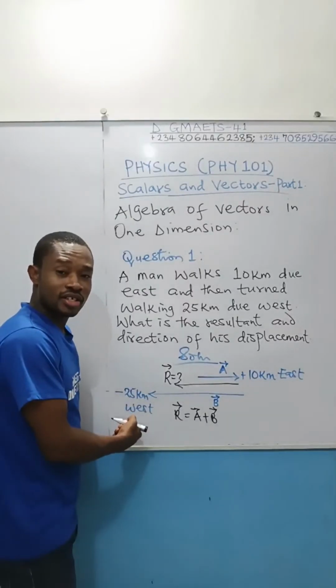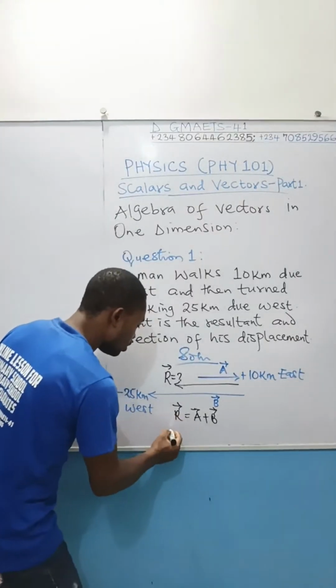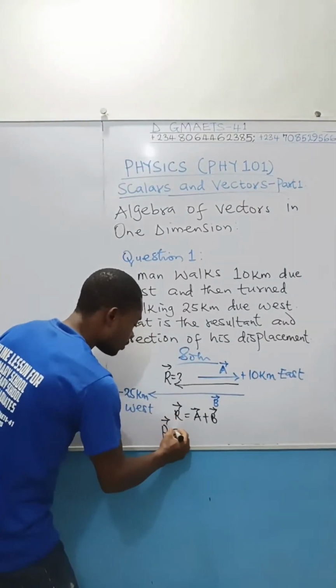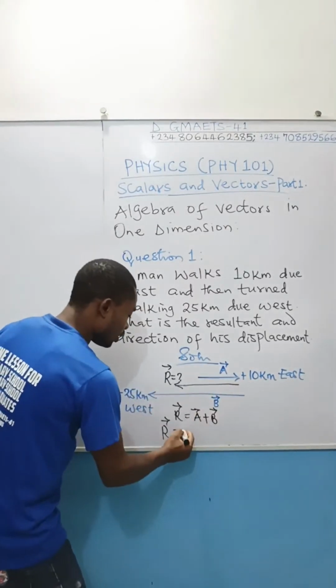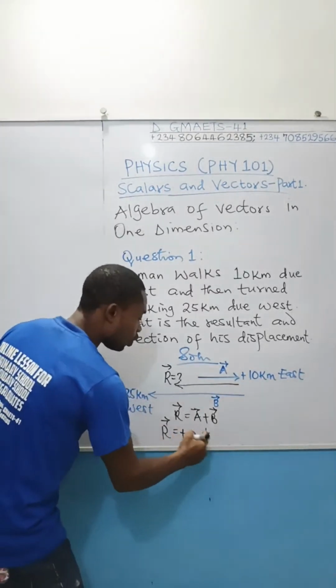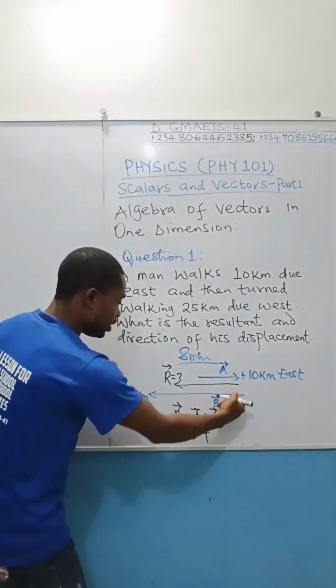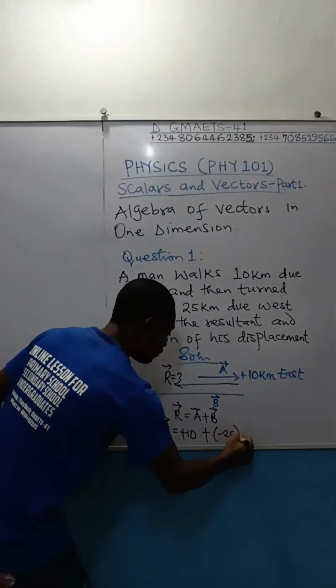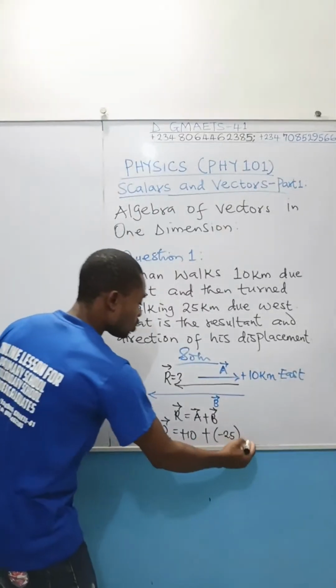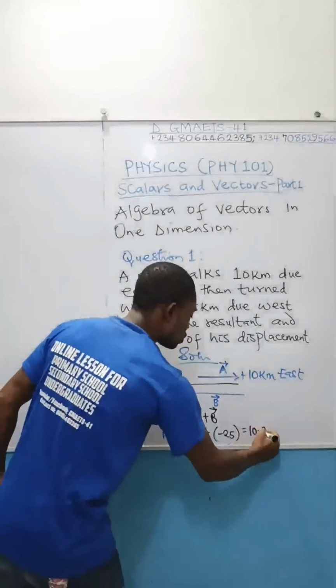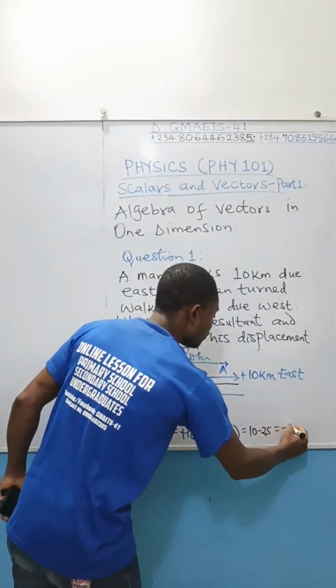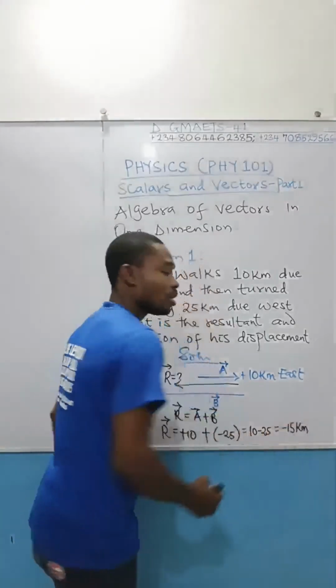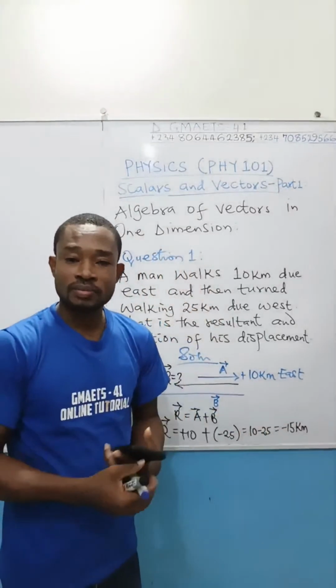The value of A is positive 10, plus the value of B, in the opposite direction, negative 25. If you resolve this, 10 minus 25 gives you minus 15 kilometers.